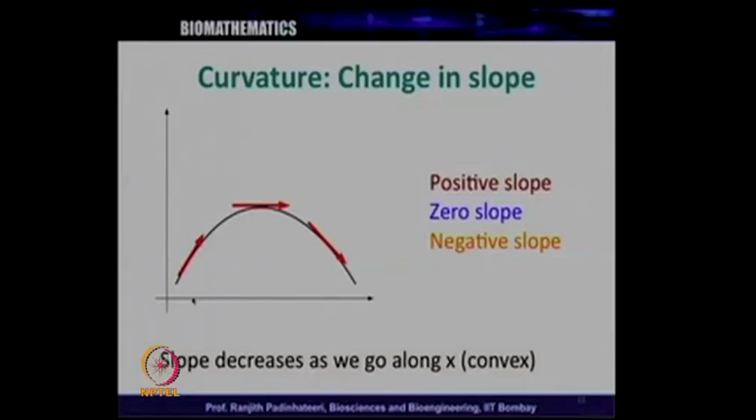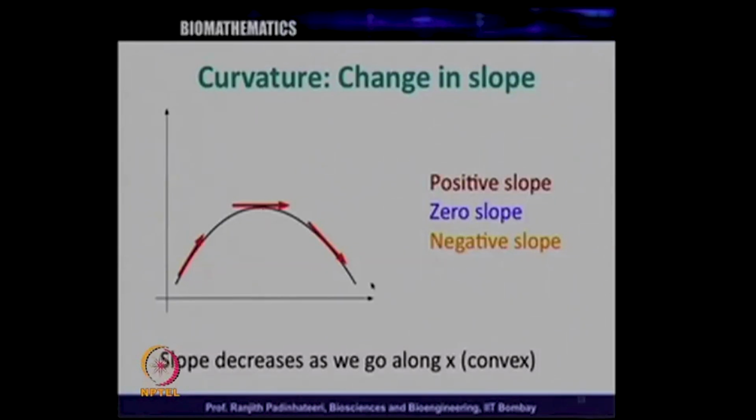In the first case the x was increasing, y was also increasing. Here the x was increasing, but y was decreasing. So, the slope was negative. So, from a positive value, slope becomes 0 and then becomes negative. So, the slope decreases from positive to 0 to negative, right.